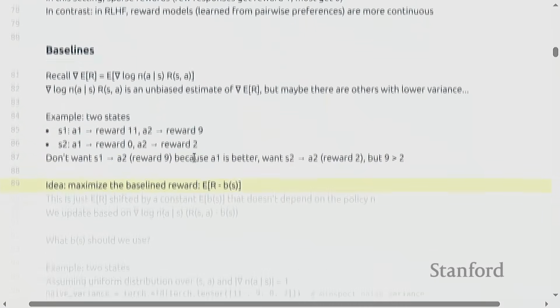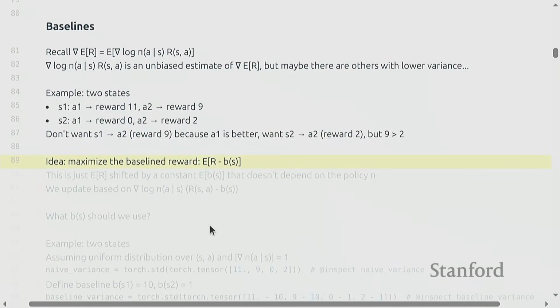Okay, so here's the key idea behind baselines: instead of maximizing expected reward, we're going to subtract off some B of S, called the baseline function. So this is just the expected reward shifted down by a constant, the expectation of B of S. And the beauty of this is that this quantity doesn't depend on the policy pi.